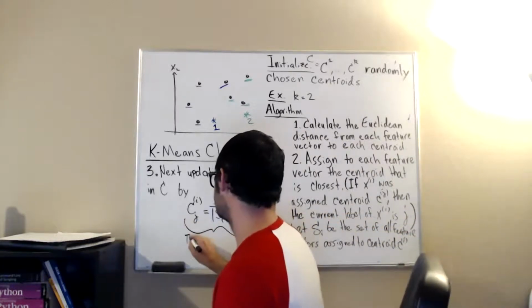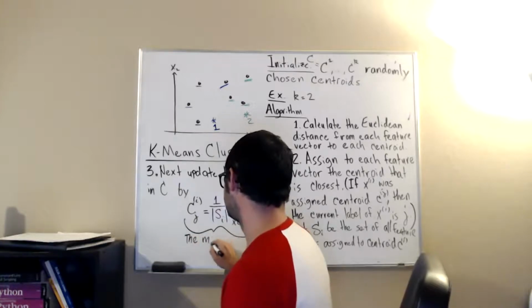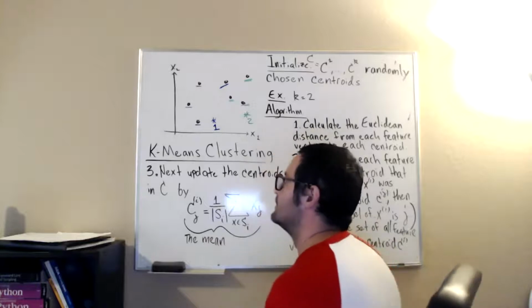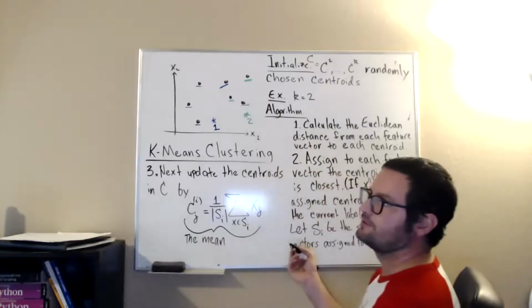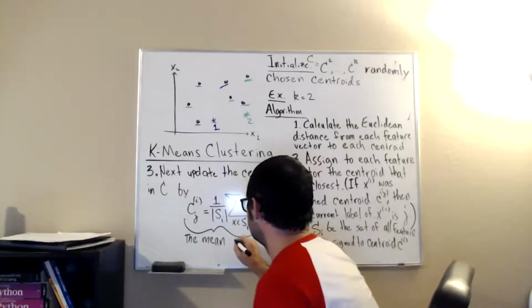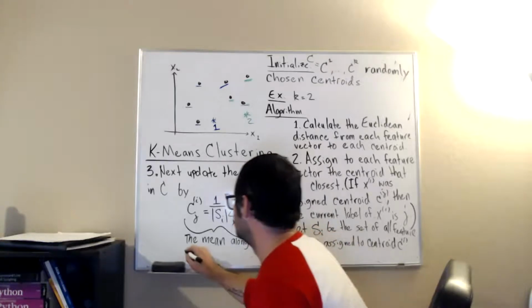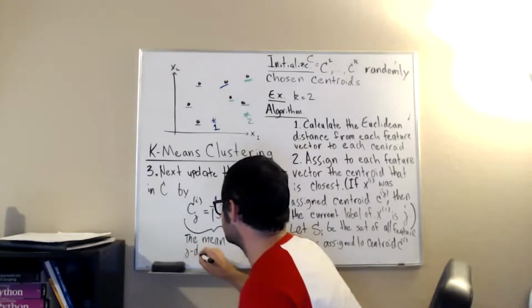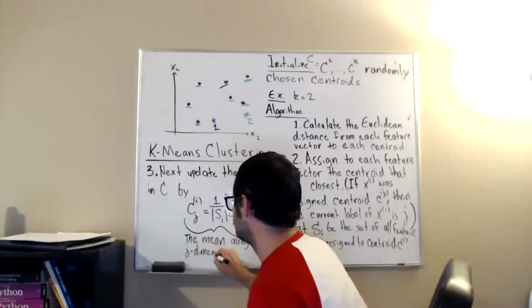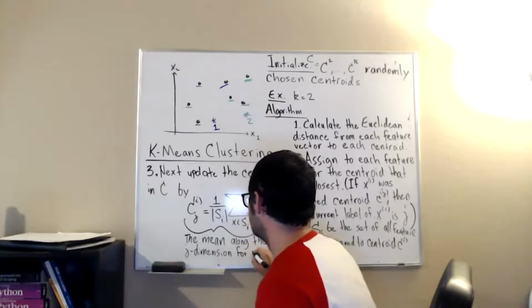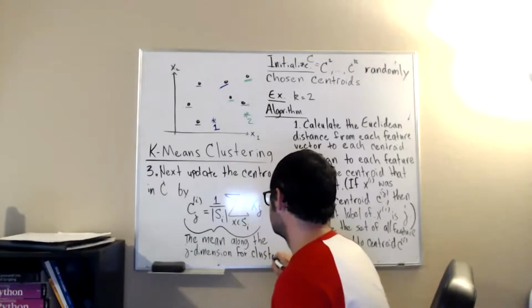This is the mean along the jth dimension for cluster i.